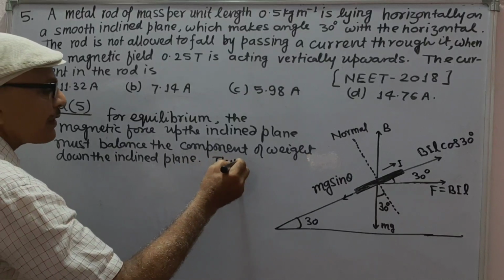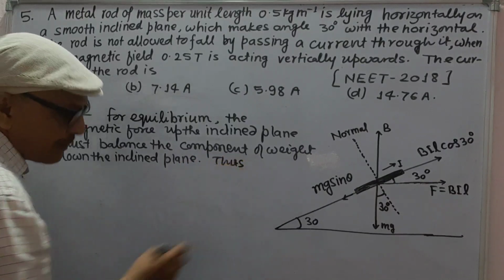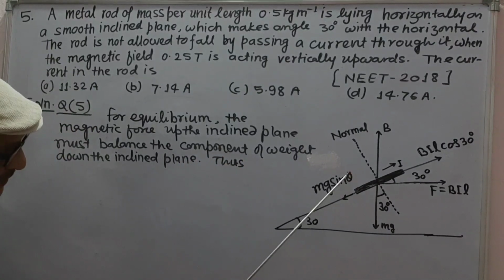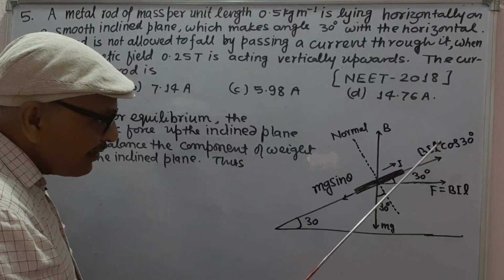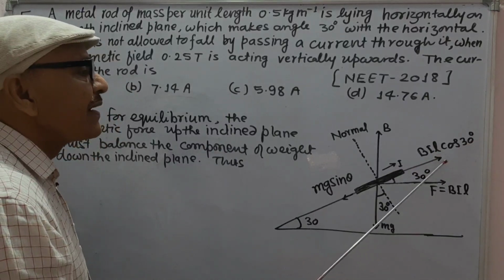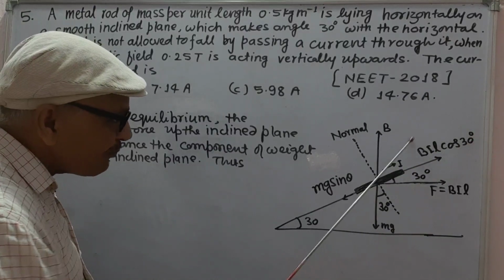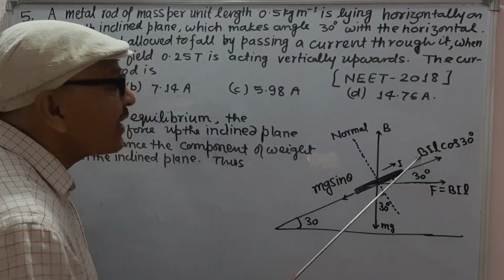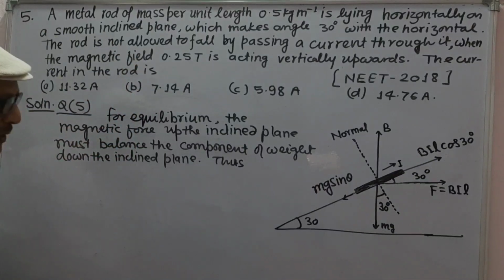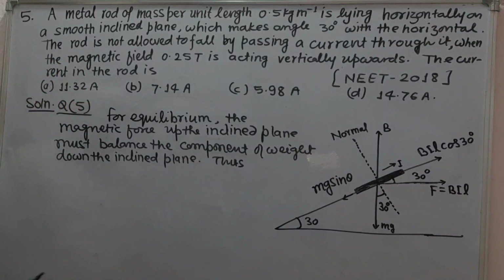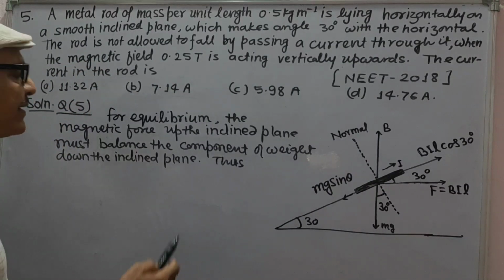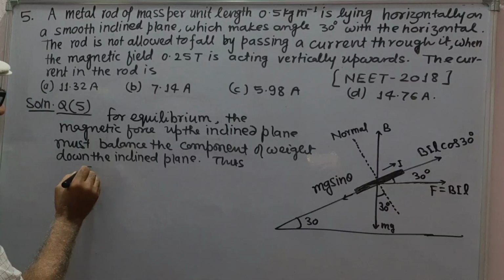Thus, mg sin theta is the component of weight mg down the inclined plane, whereas BIL cos theta is the component of magnetic force along the inclined plane. When these two are equal and opposite, the resultant force on the rod will be 0 and it will be in equilibrium.